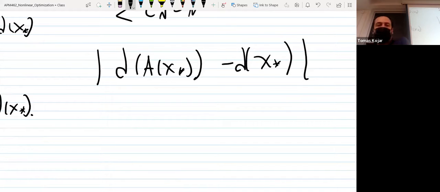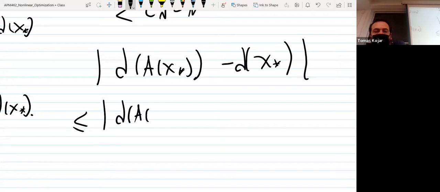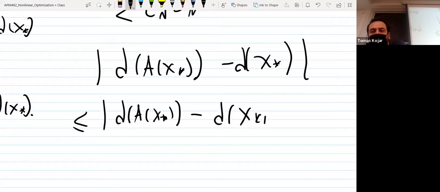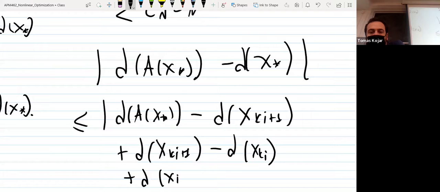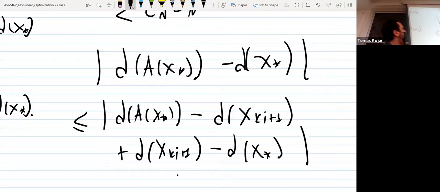Add and subtract the thing that they both are equal to: minus D of X_ki plus 1, plus D of X_ki plus 1 minus D of X_ki, plus D of X_ki. I'll do it here. Why even kill myself over this? Okay. So I add and subtract these two guys, which I know the limit.